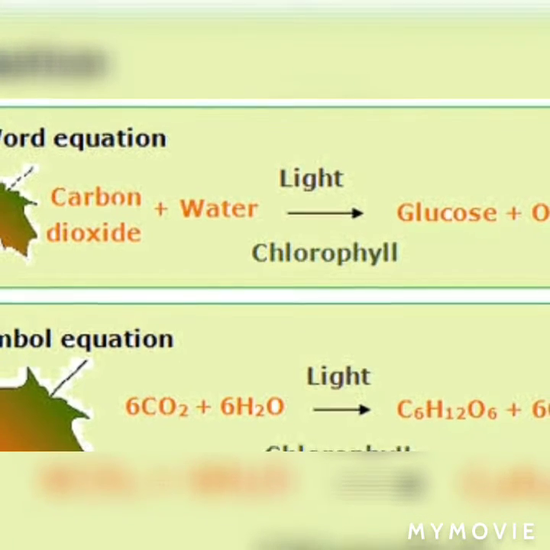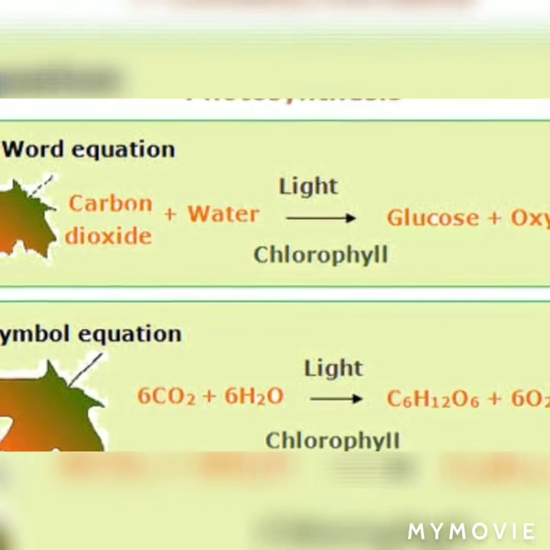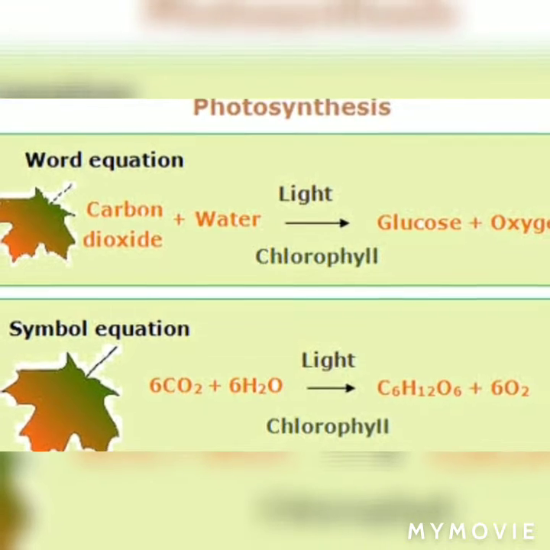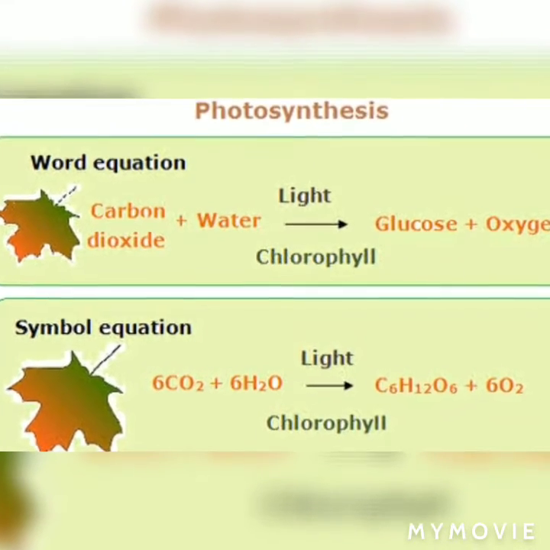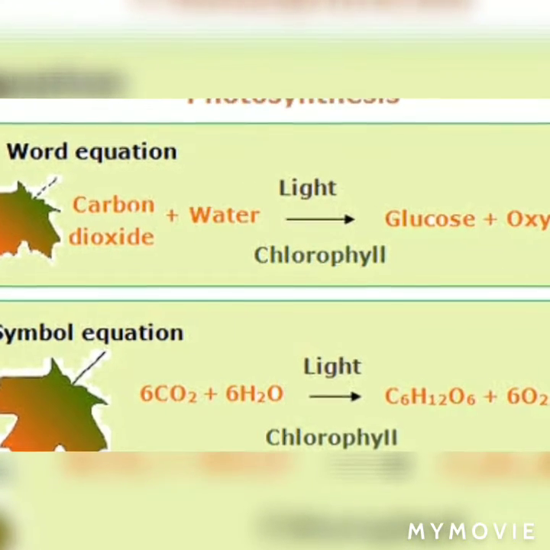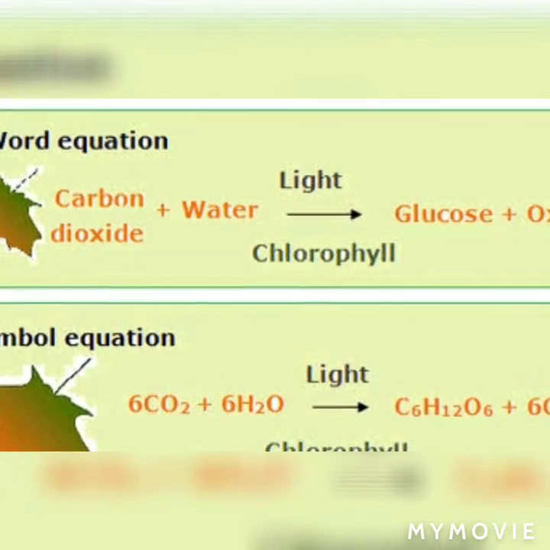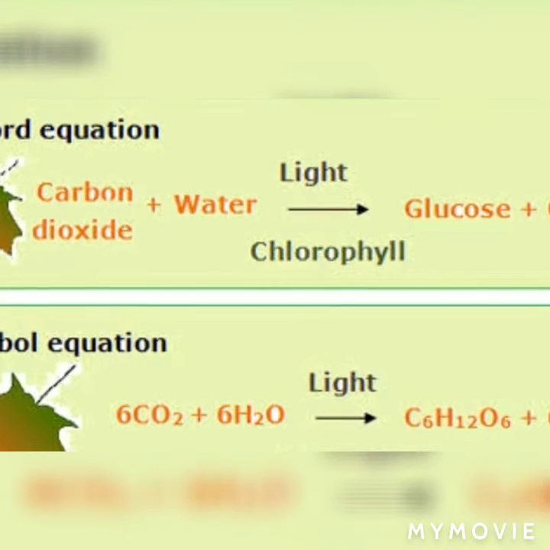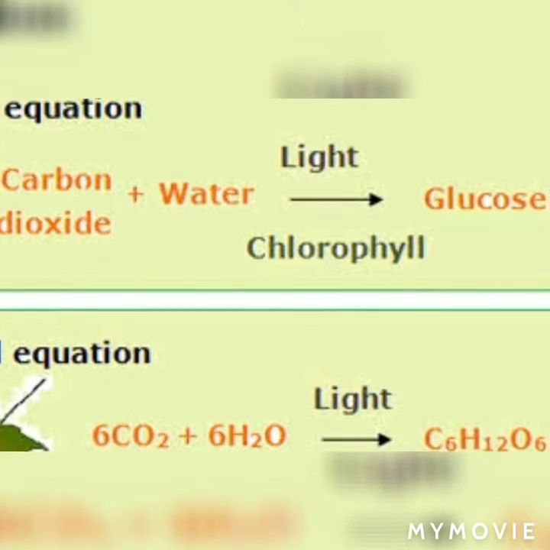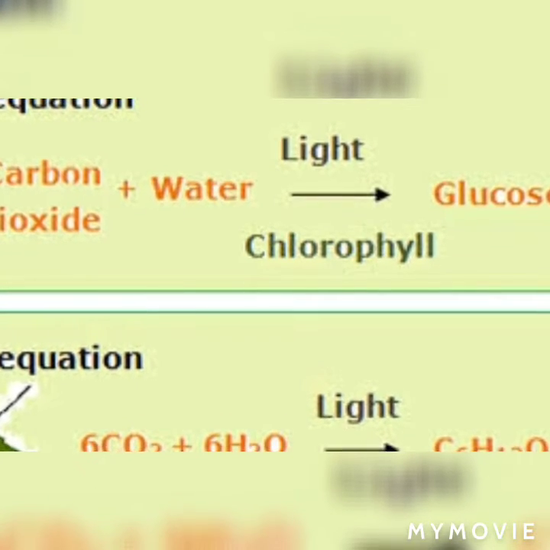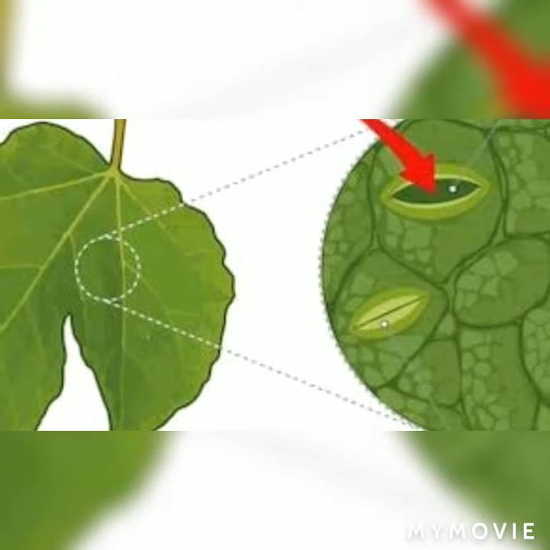Then we studied photosynthesis. How do green plants make food? That is by photosynthesis, wherein they use carbon dioxide and water in the presence of sunlight and chlorophyll to make glucose and give out oxygen. We also studied where photosynthesis takes place.